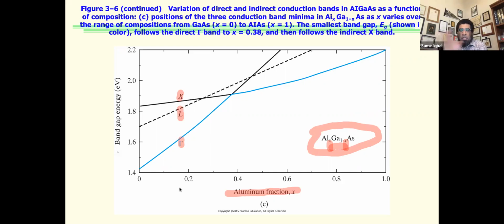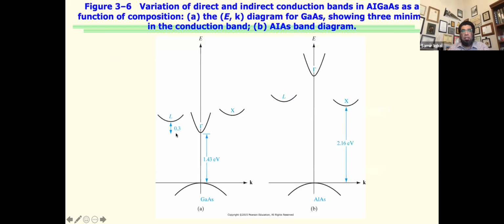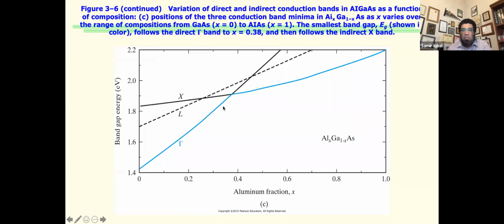When they change, we would be changing the levels of these subbands. What that means is by changing that relative fraction, we may be converting a direct band gap material into an indirect band gap material and vice versa.